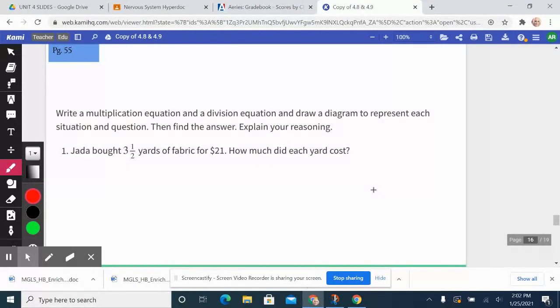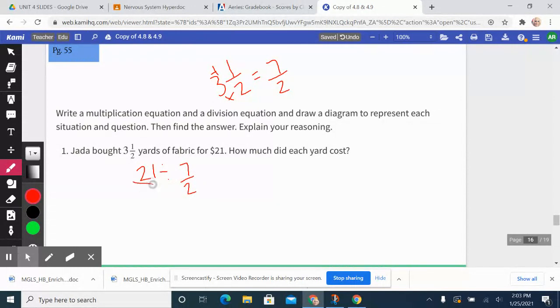Okay, so my division problem is going to be 21 divided by, now remember this 3.5. You multiply these 2 and add the top. So 3 times 2 is 6, plus 1 is 7. So the problem I'm going to deal with is 7/2.